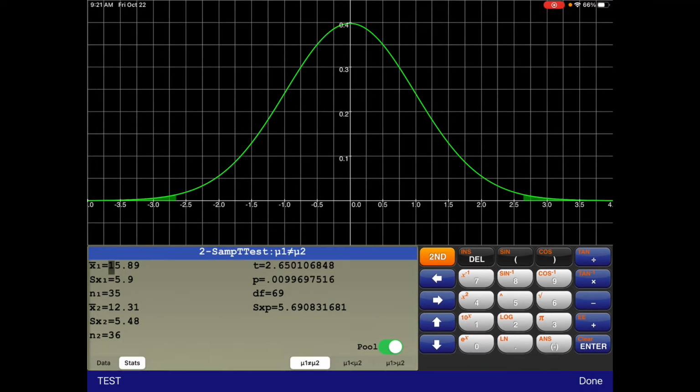And then for population 2, which is blue background, we have a sample mean, a sample standard deviation, and also a sample size. Again, for our alternative hypothesis, we have not equals to. So mu1 should be not equal to mu2. So make sure to select that. Once you're done, go ahead and select enter, and you should get a p-value and a test statistic.